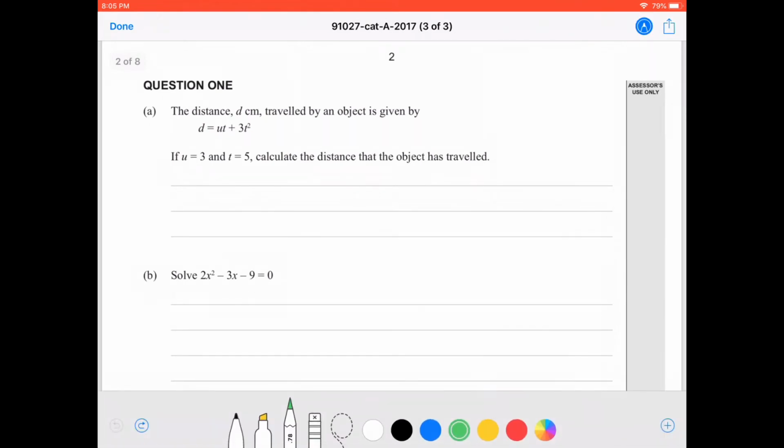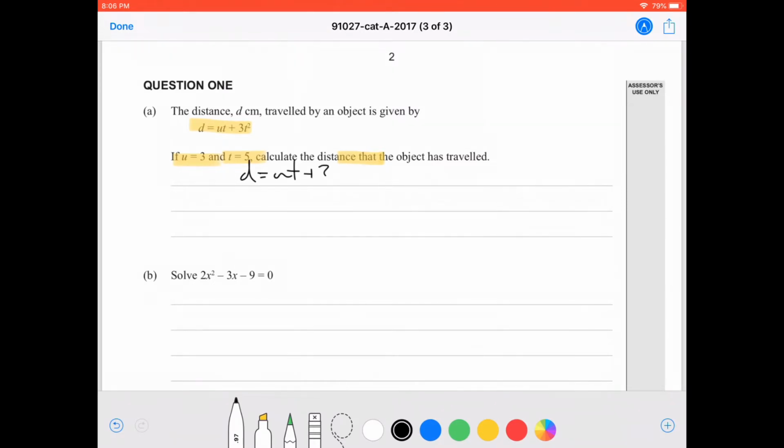So, question 1. The distance d centimeters travelled by an object is given by this equation: d equals ut plus 3t squared. If u equals 3 and t equals 5, calculate the distance that the object has travelled. Okay, so it's a classic substitution question to get us started.